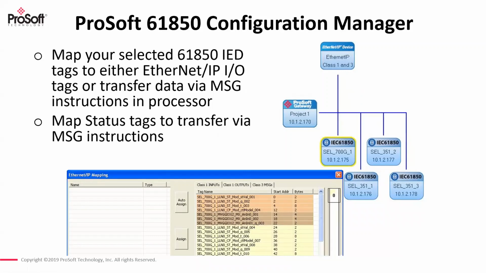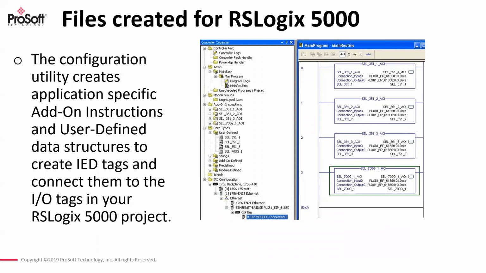And where this is incredibly beneficial is that our configuration software actually exports all of the tag names and the data objects based on your configuration, and does all the mapping for you. So if you're bringing this into a Rockwell environment, it can save a tremendous amount of time in commissioning and setup effort, as it automatically generates the PLC code and the user-defined data types, all in a single add-on instruction.